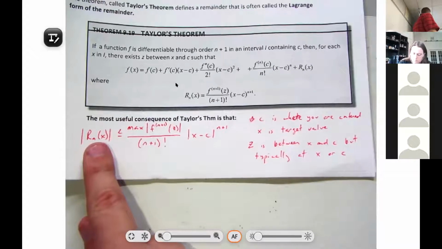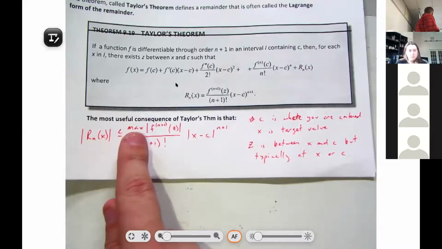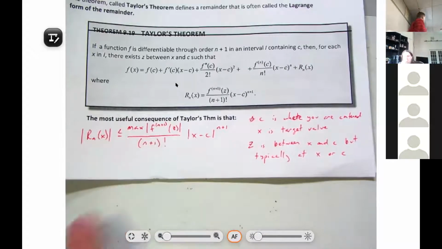That remainder, that error, has to be at most the maximum of the absolute value of the n plus first derivative evaluated at z. I'm going to tell you what all this stuff means. I'm just telling you how to read this.